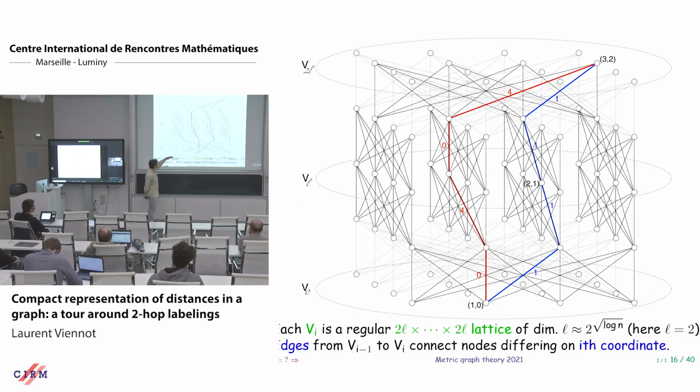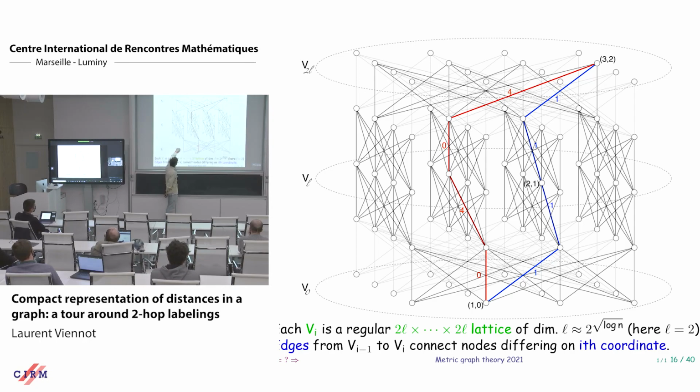You have several copies of a lattice of dimension L, so 2L by 2L by 2L by 2L, L times. Each V_i is a copy of this lattice, and each V_i is an independent set. There is no edge inside V_i.